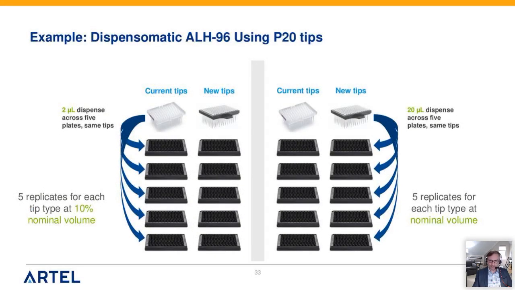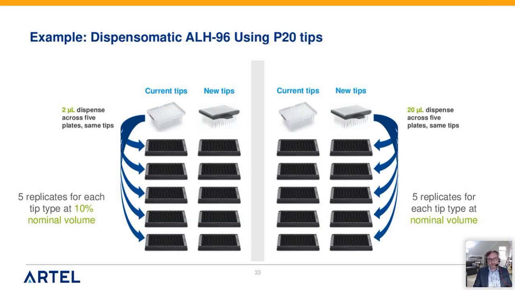This is an example here. This is a fictitious liquid handler, the Dispensomatic ALH96. If I were to look at my current tips versus new tips, this is how I would set it up. I would set up 5 replicates, 5 plates worth of the low volume. That's 10% nominal volume, and then do that.